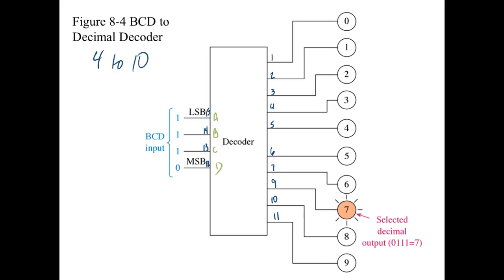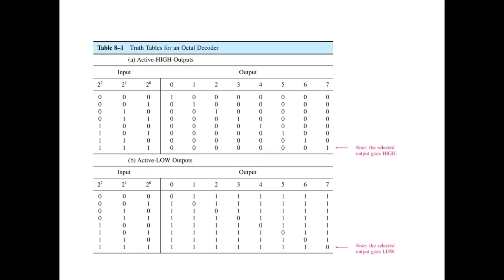On your data sheets, I think it's called a BCD to decimal, right? No, this is 7442. 7442 is a 4 to 10. 74154 is a 4 to 16. Are you okay? So everybody okay on the truth table?